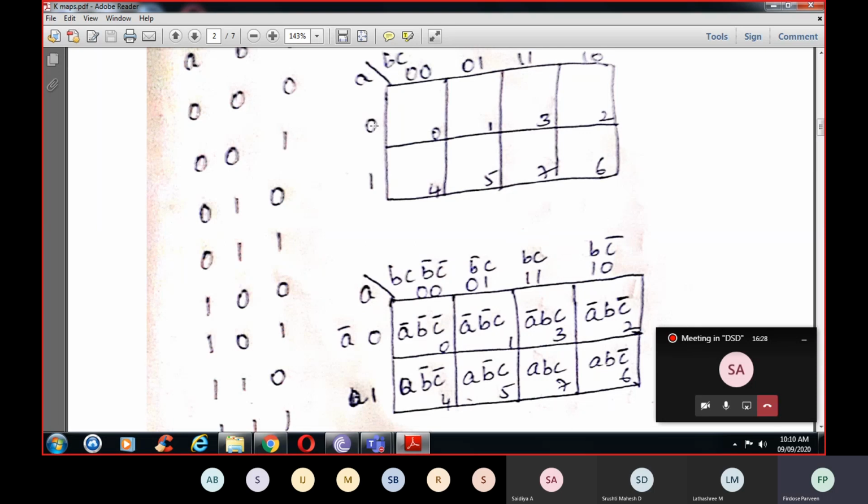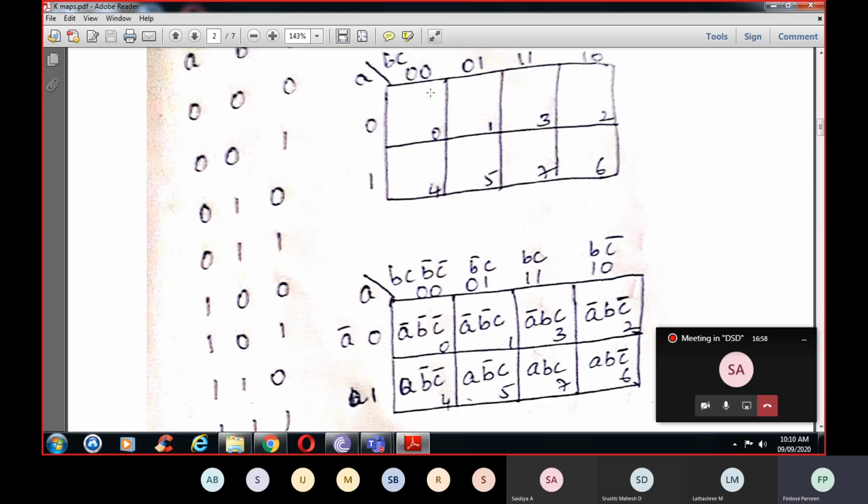So this is 0, this is 0 0, so this becomes cell 0, decimal notation 0. This is 0, 0 1, so 0 0 1 means 1, decimal notation 1. This is 0, this is 1 1, so 0 1 1 comes here, that is 3. In the same way, 0 1 0 is 2, and 2 will be written here.